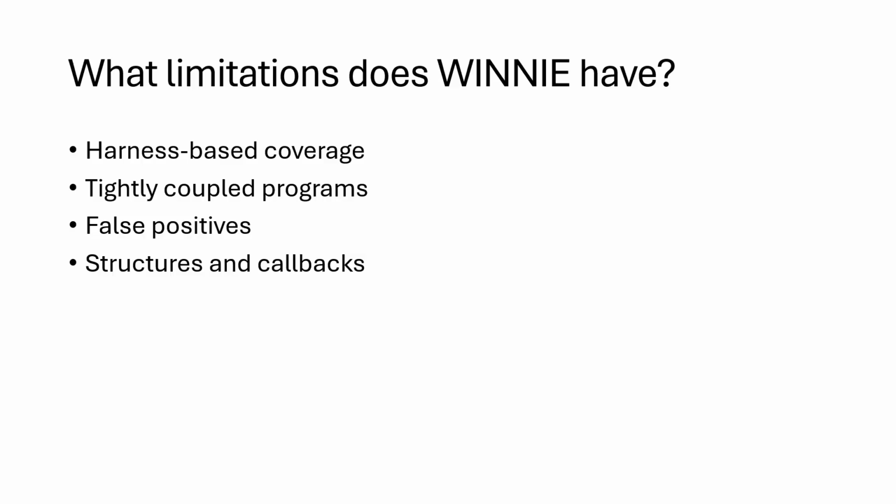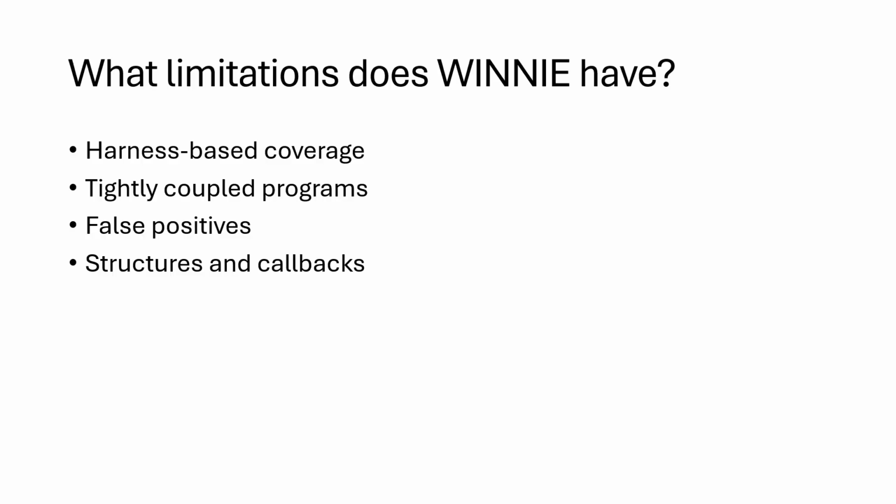Next is false positives. Now, if WINNIE generates an incorrect harness, you would crash in ways that the real program would never crash in. And this is a big issue with triaging, whether you have to validate if it's a real bug or a bug in the harness. And you don't want it to be a bug in the harness because it's not real.